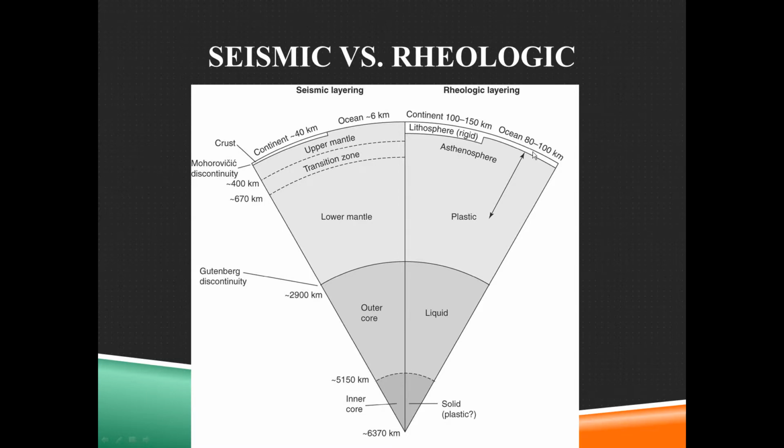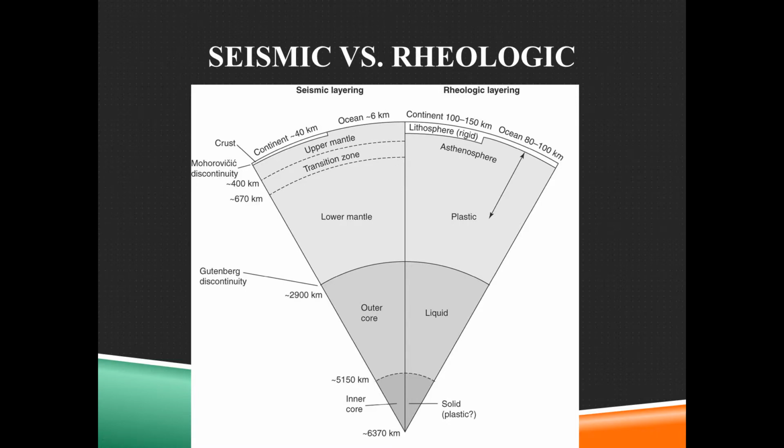But even the ocean lithosphere is thicker than continental crust. That's kind of an important detail to just remember in the back of your mind. Below it is asthenosphere. So all the rest of the upper mantle, all of the transition zone, all of the lower mantle, lumped together as the asthenosphere.